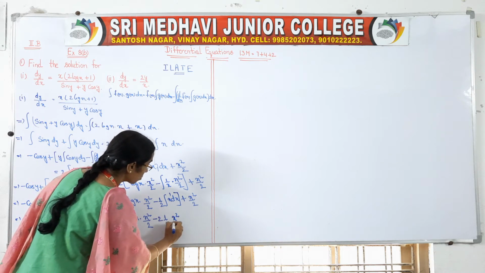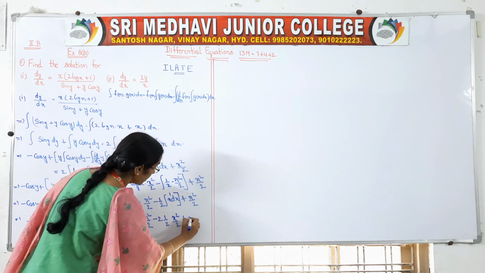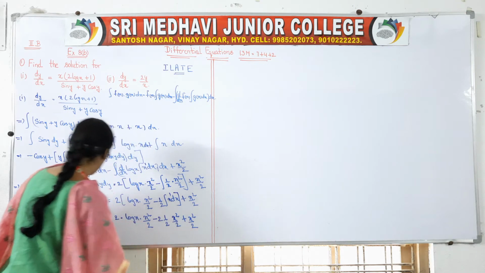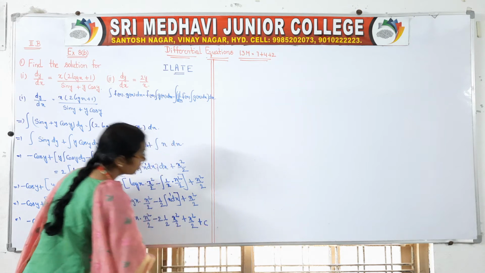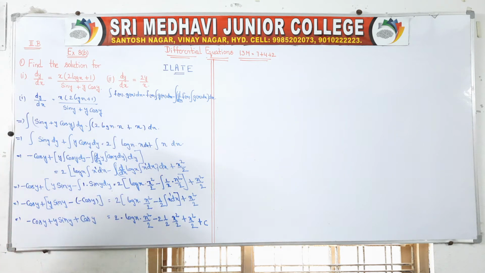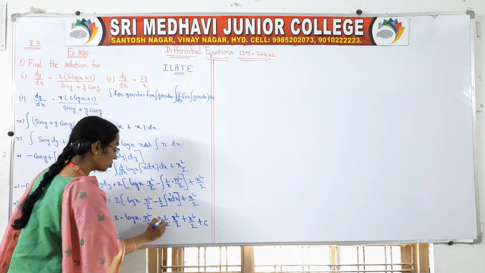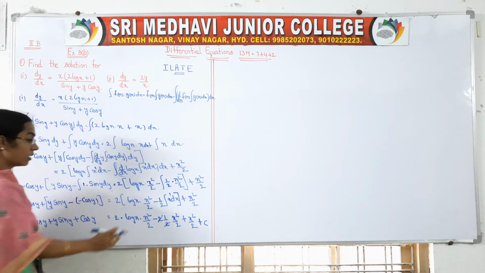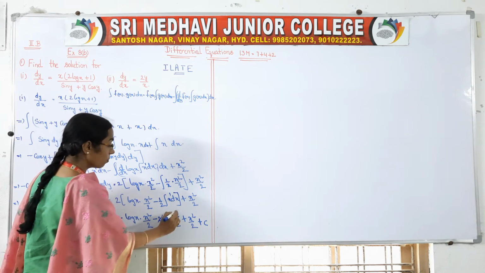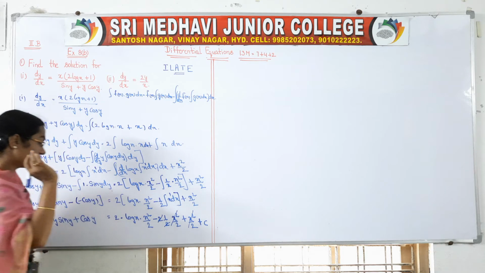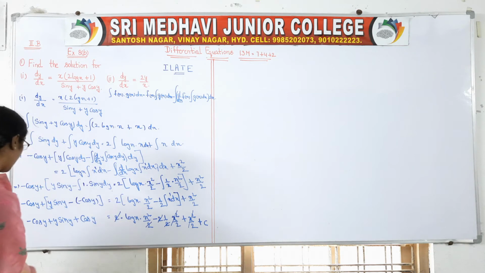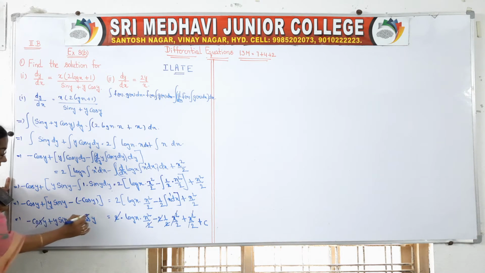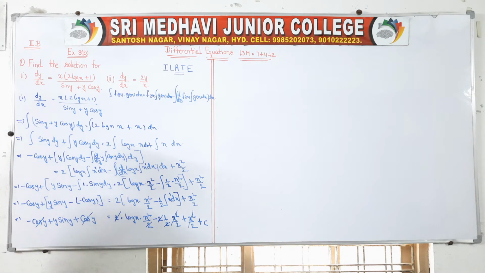It is x square by 2 plus x square by 2. Once all the integrals are over, we have to write plus c. Okay, so here 2 cancel, and minus x square by 2 plus x square by 2 also cancels. Here also 2 cancel. Here minus cos y plus cos y cancel.